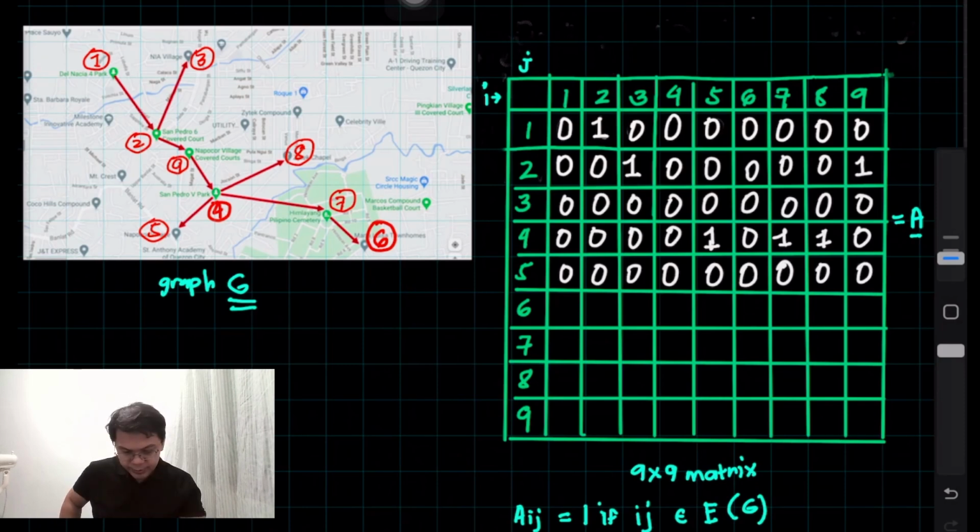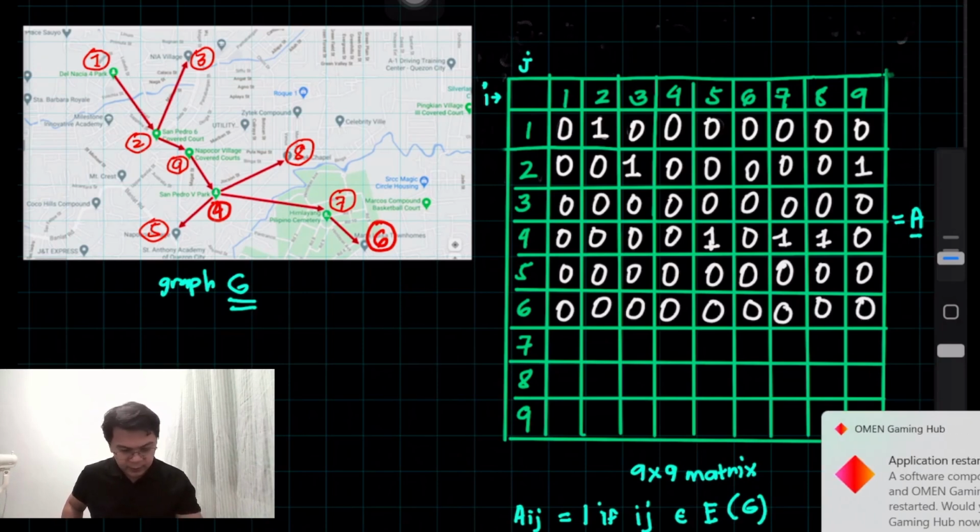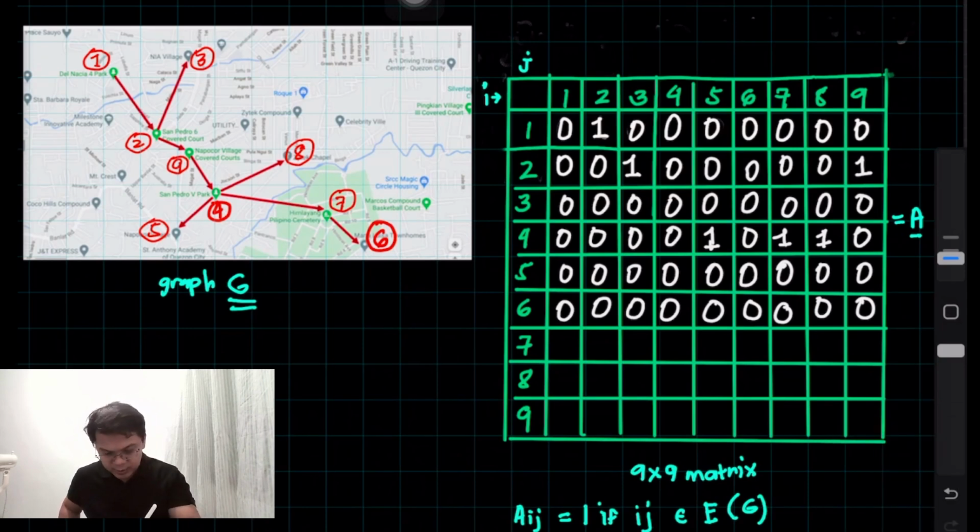Let's go to the 6th row. 6 and 1 is a 0. 6 and 2 is also a 0. 6 and 3, 4, 5, 6, 7, 8, and 9, all zeros.